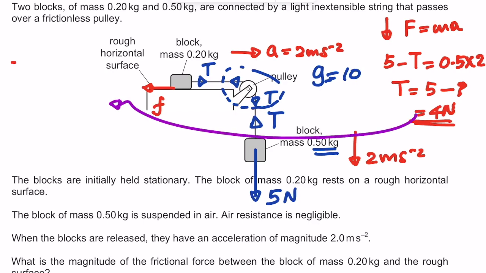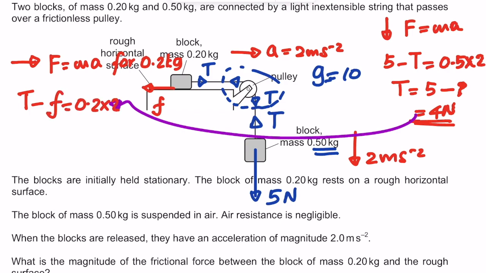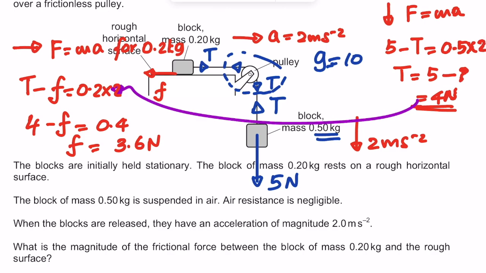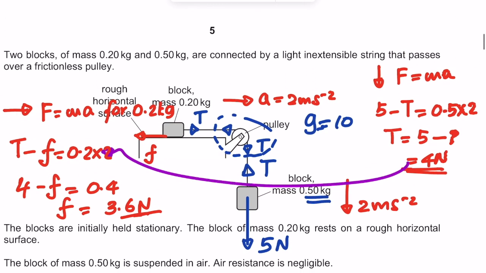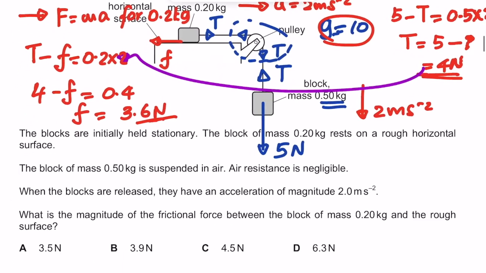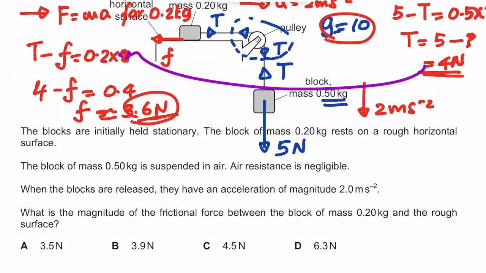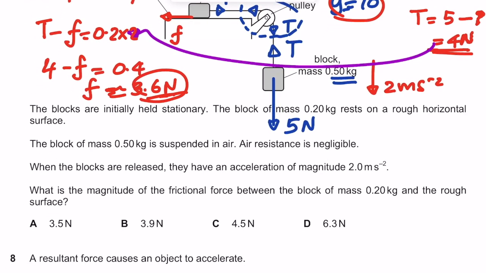It means I am going to write F equals ma for the 0.2 kilogram mass. So tension minus F is 0.2 times 2. Tension was 4, right? 4 minus F equals 0.4. Obviously F equals 3.6. Now the thing is, you can say this answer is not given because we took G as 10. So if you take 9.81, it should be around 3.6, either a little smaller or a little bigger. So 3.5. Answer is A.